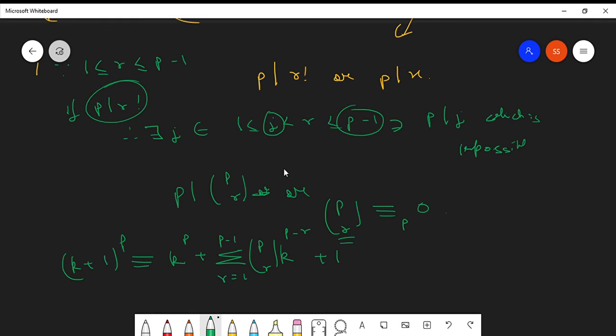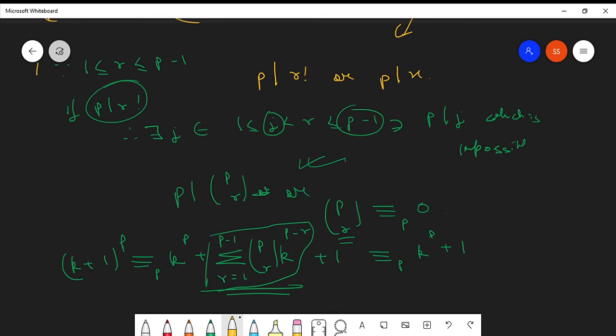You can write it like this, which is congruent to k to the power p plus 1 mod p. Reason being, this complete portion will be congruent to 0 mod p, because we just concluded that any combination including p and r will be congruent to 0 mod p.